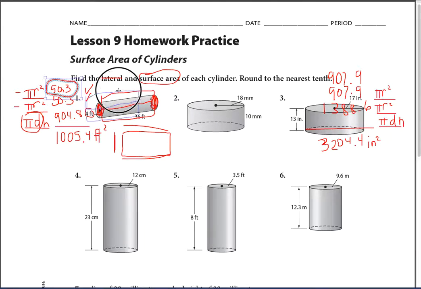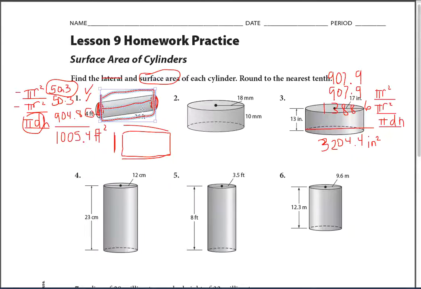The third portion is this middle section here. So pi dh. Okay, so I'm going to type in pi on my calculator times the diameter, which is the whole way across. If halfway is 4, then the whole way is 8. So 3.14, or the pi button, times 8 times the height.